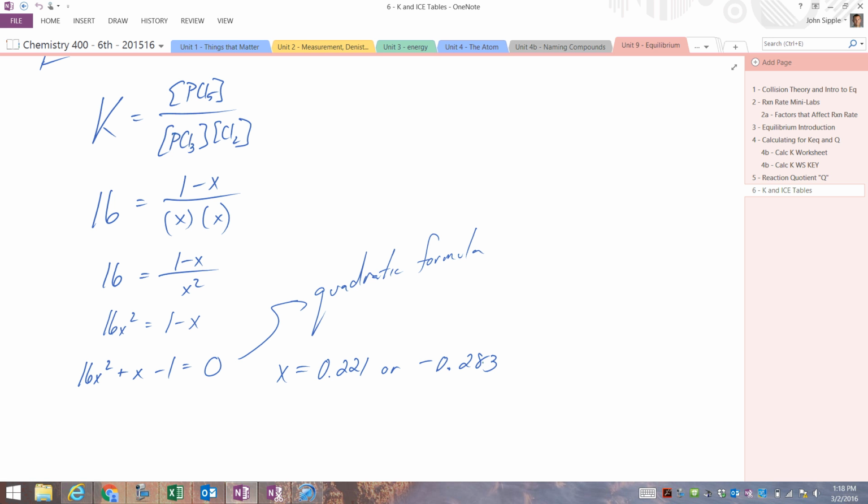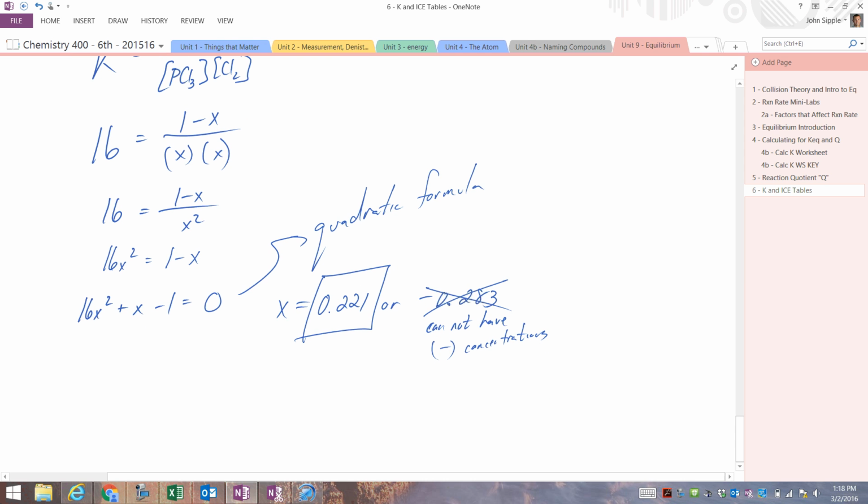Now, only one of these answers is viable for us. The positive one. We can't have negative concentrations, so this one's no good. This one's good. So X is 0.221.